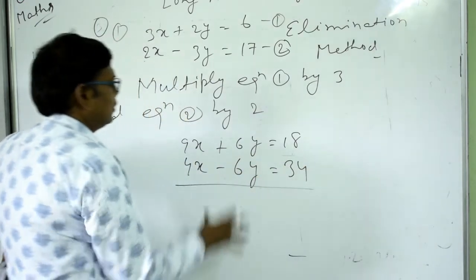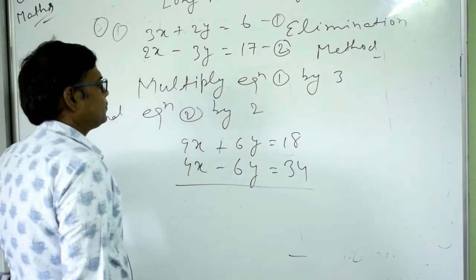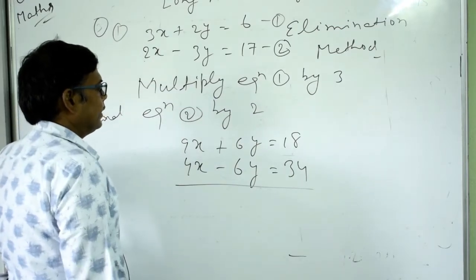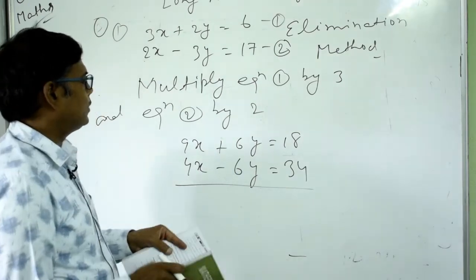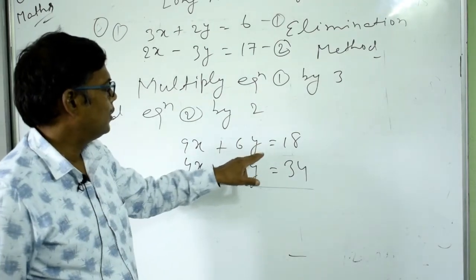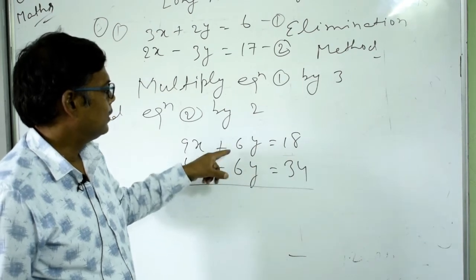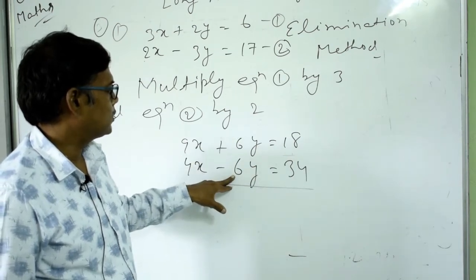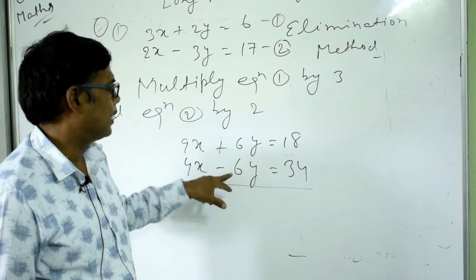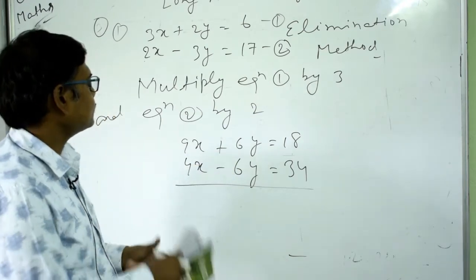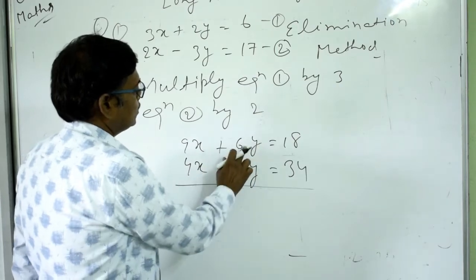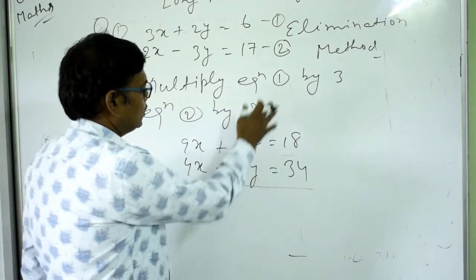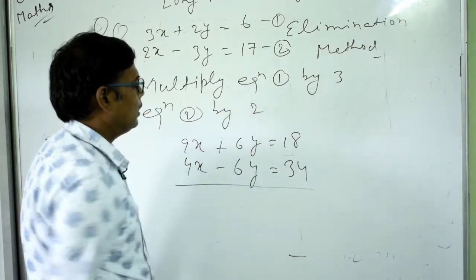Now we have these two equations, and you observe that the coefficient of y in both equations is the same in magnitude, here 6 and here minus 6. Actually they are not equal, it is plus 6 and minus 6, but when you add these two, 6y minus 6y will be 0, so this variable will be eliminated.